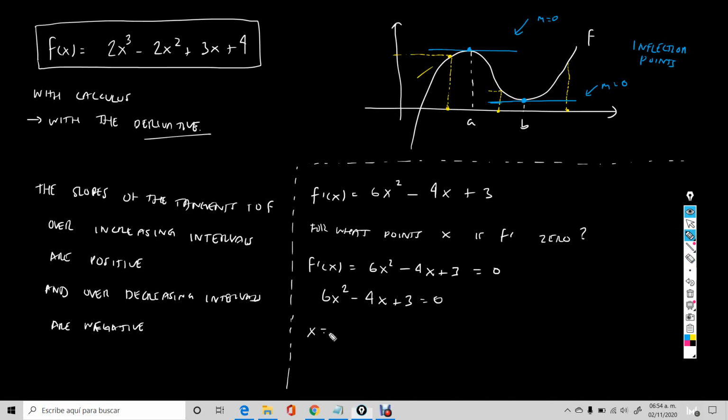So basically, x will be equal to 4 plus minus the square root of 16 minus 4 times 3 times 6. 4 times 3 times 6 is 72, so 16 minus 72 is negative. No, this won't have any real solution.